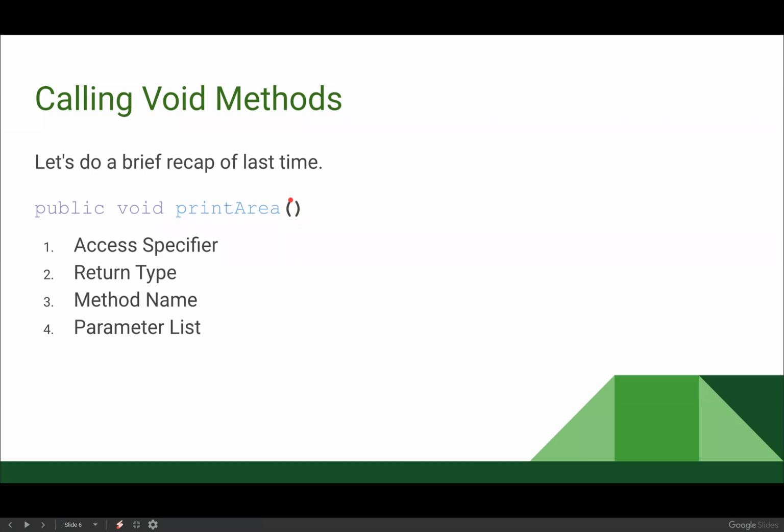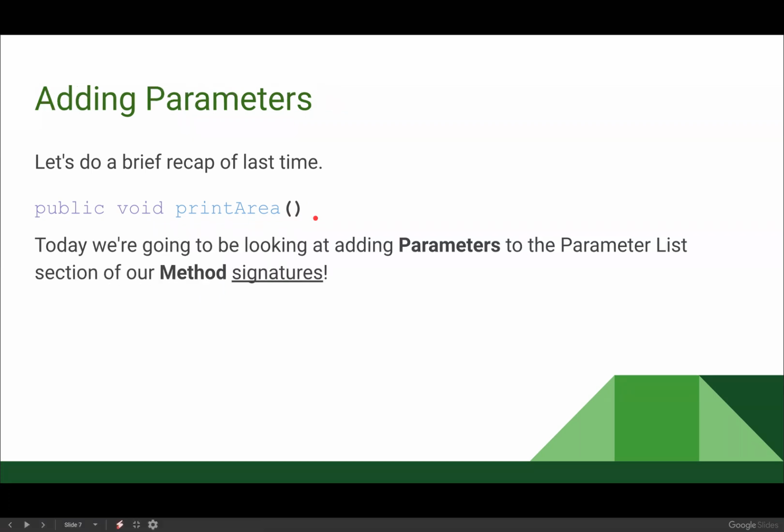So today we are going to focus on thing number 4. We are going to add parameters to our methods. So we're going to put something inside of our parentheses in our method signatures.